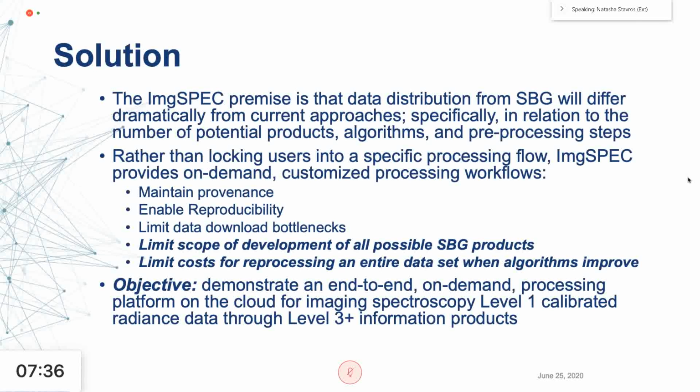And we want to do this by creating a usable work environment where scientists and data scientists who come up with information products from the raw data would be able to exploit the same kind of services that we provide in a current NASA science data system. So that includes things like provenance and metadata standards for reproducibility.